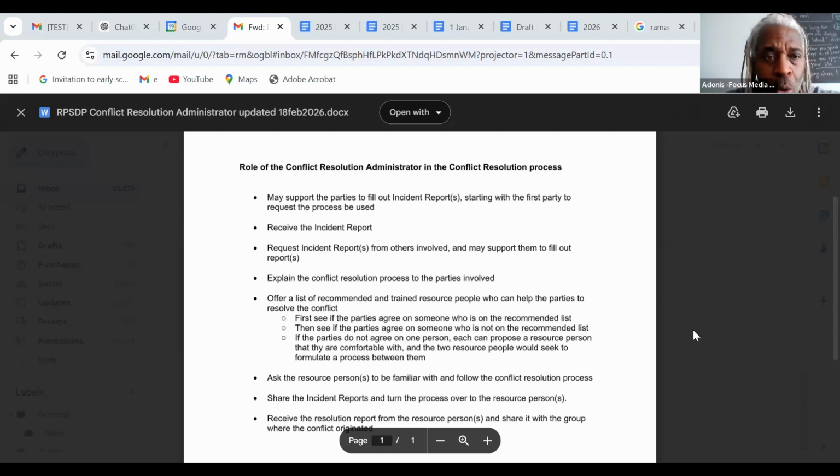All right. So we're looking to approve the role of a conflict resolution administrator as proposed in this document. Any objections?